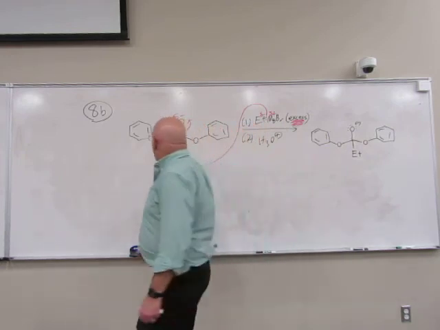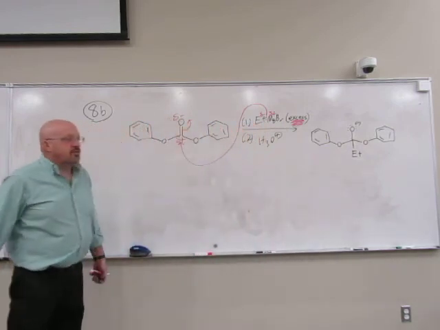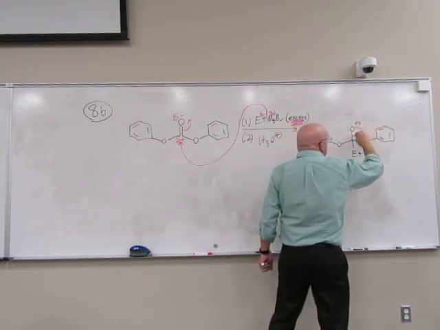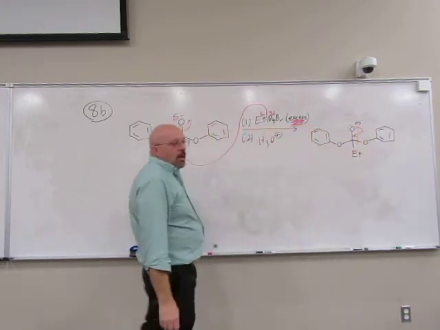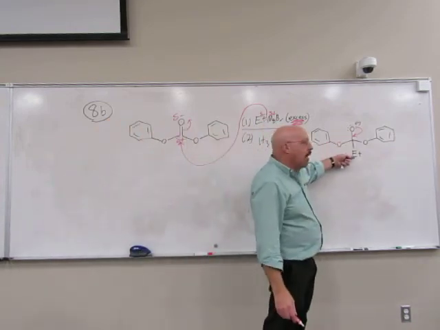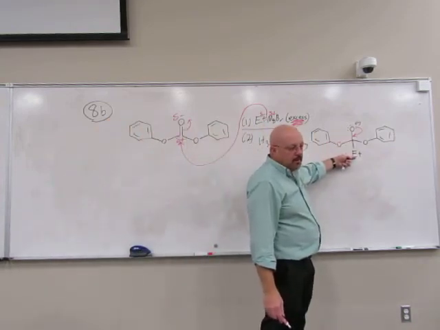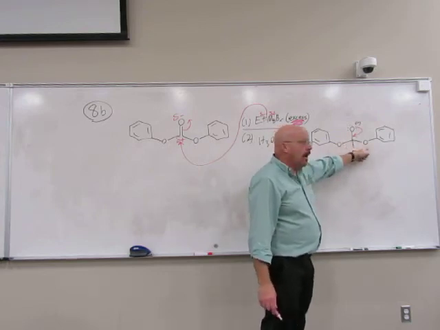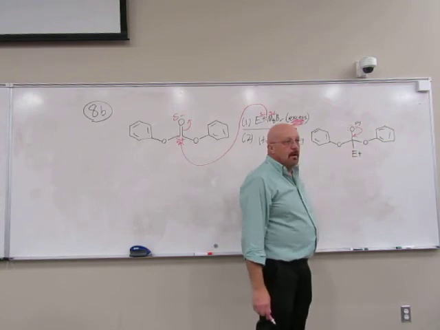Now, anytime we kick electrons up onto the oxygen, we should always look and see, can those kick back in and reform the carbonyl if you have a leaving group? Here at the bottom is a carbon-carbon bond that we just formed. We're not going to break it. Carbon-carbon bonds you're not going to break. But here to the left or to the right, we have a carbon-oxygen bond.